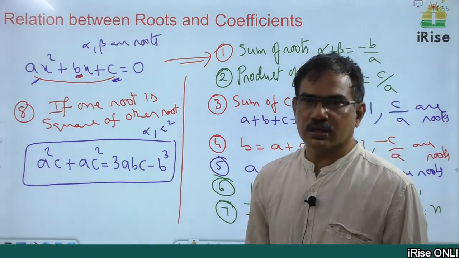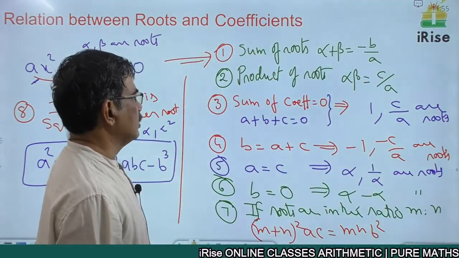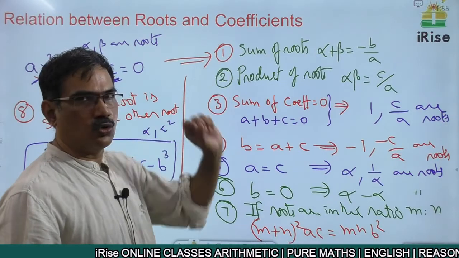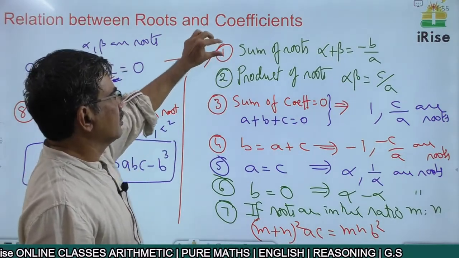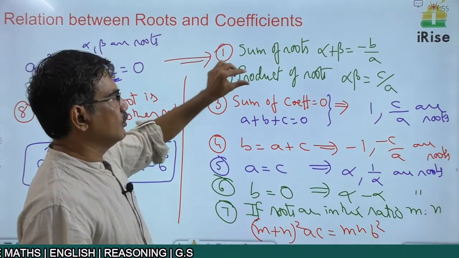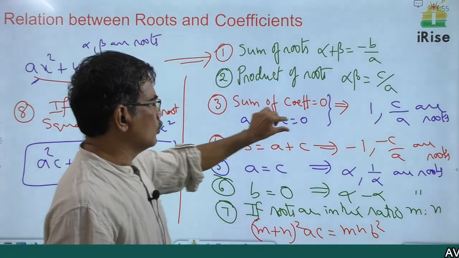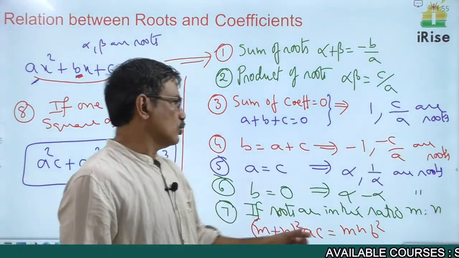Okay, so these are very important relations between roots and coefficients. Once again, listen. Sum of roots is equal to minus b by a. Product of the roots is equal to c by a. If sum of coefficients is equal to 0, then 1 comma c by a are roots.